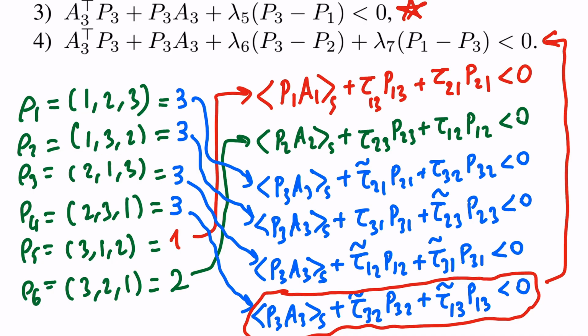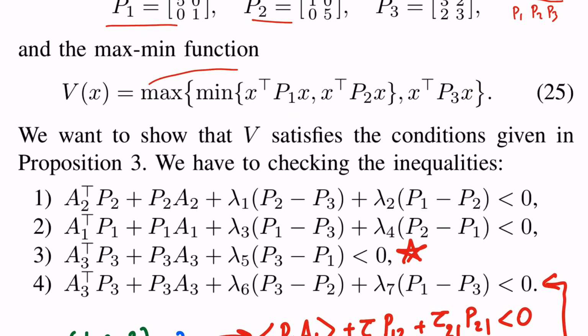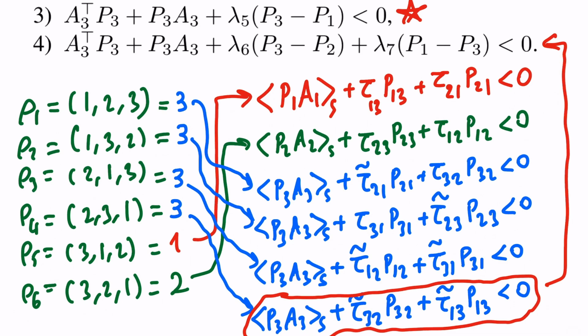And here's the thing: due to the structure of this Lyapunov function, a structure we decided on, that allows us to compute which... First of all, any given permutation corresponds to a region in the state space.